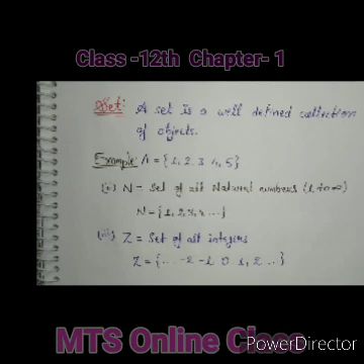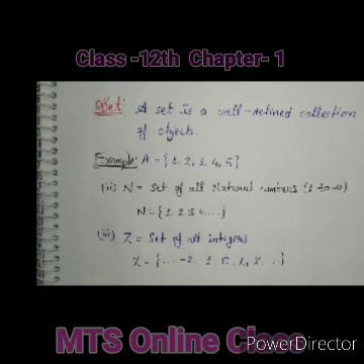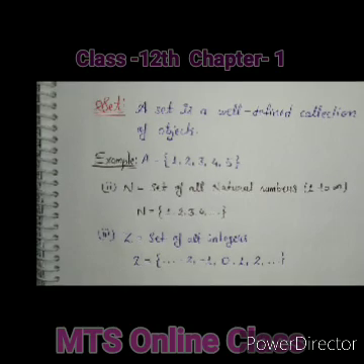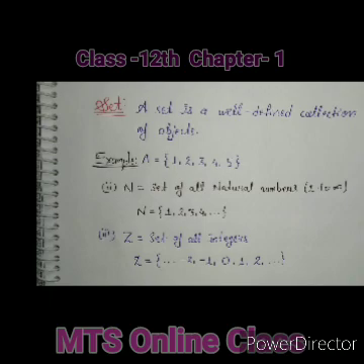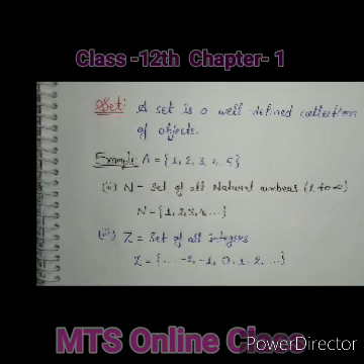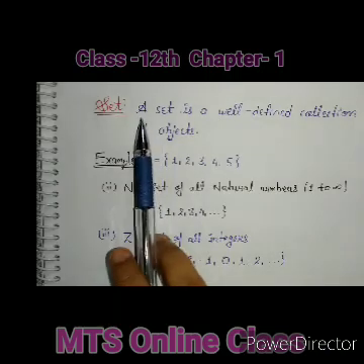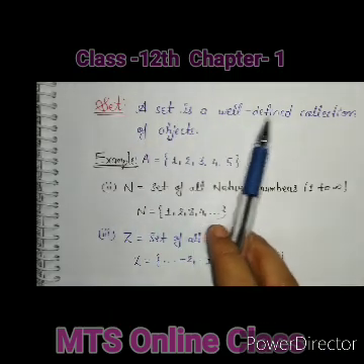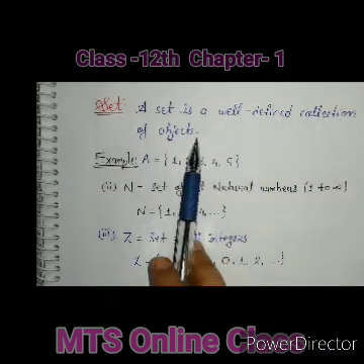But if I ask you natural numbers, everyone gives the same answer: N is equal to 1, 2, 3, 4, 5, 6 and so on. So the proper definition is: a set is a well-defined collection of objects.